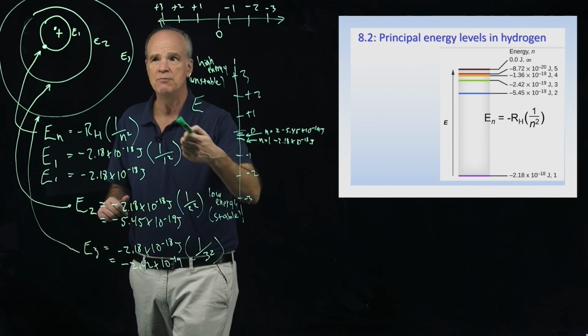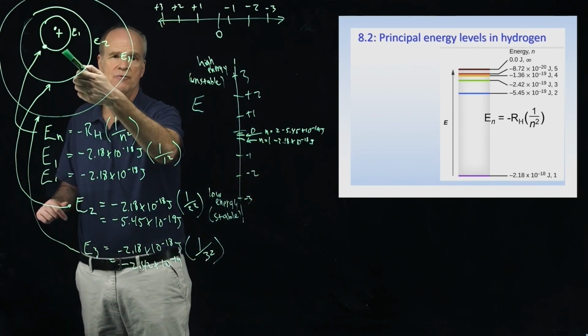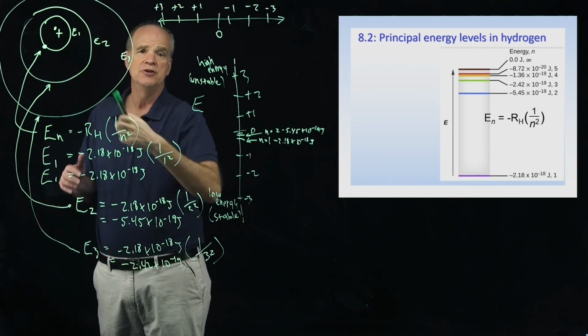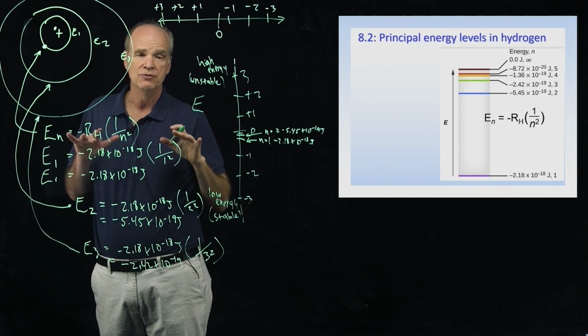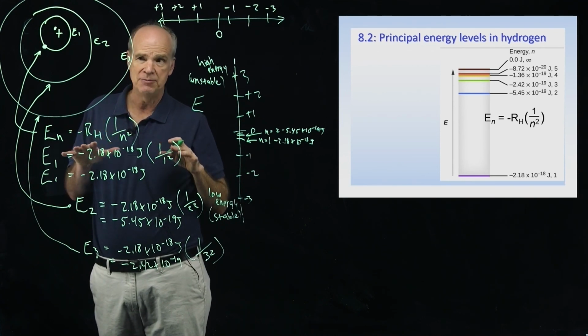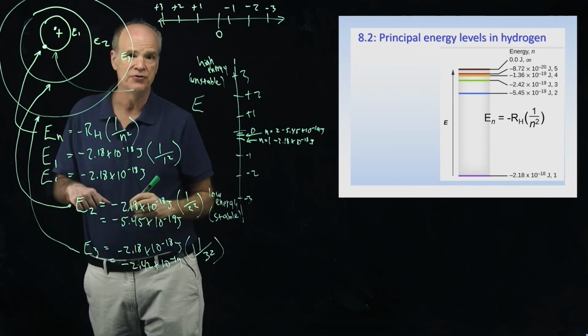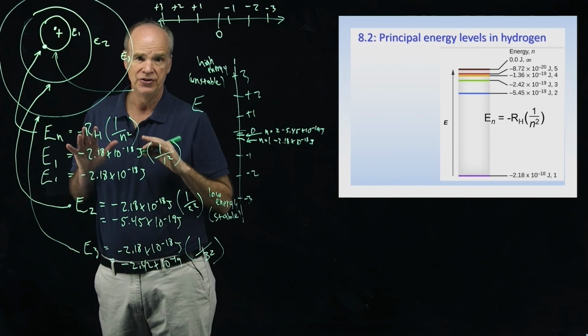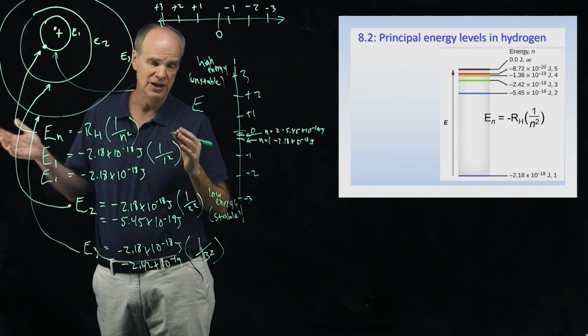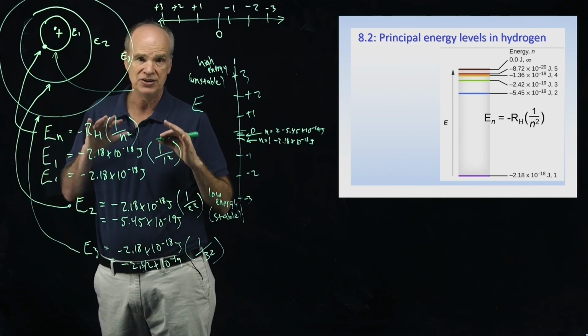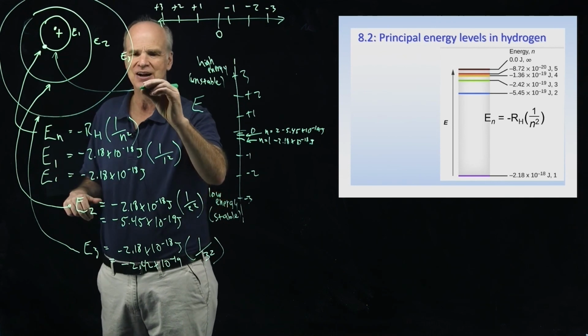So what does that make this first orbit here? This makes the first orbit of hydrogen the location where the electron can be, where the hydrogen is in its most stable state. When the electron is in the first orbit, this state is called the ground state.